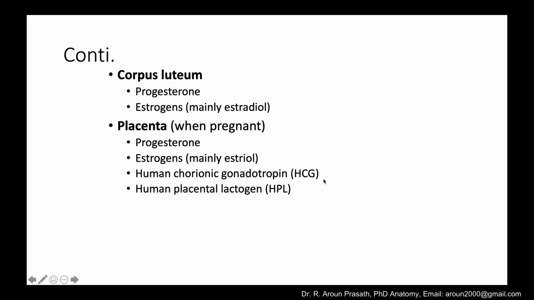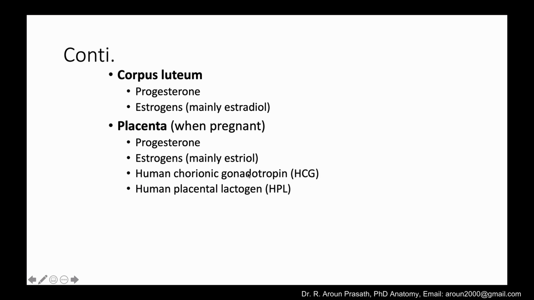After conception, after 3 or 4 days, this HCG starts to be released in the urine. So detecting HCG in the urine will confirm the pregnancy. If the female is pregnant, HCG will be present in the urine.